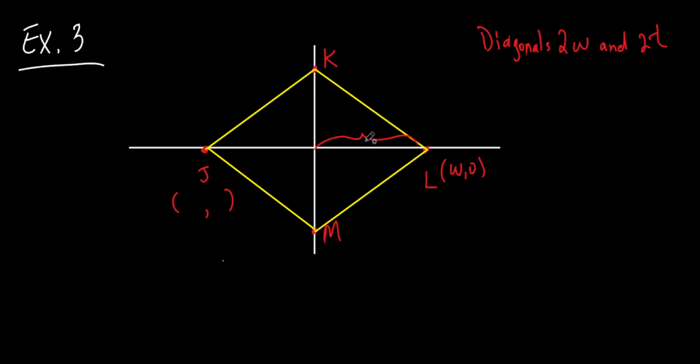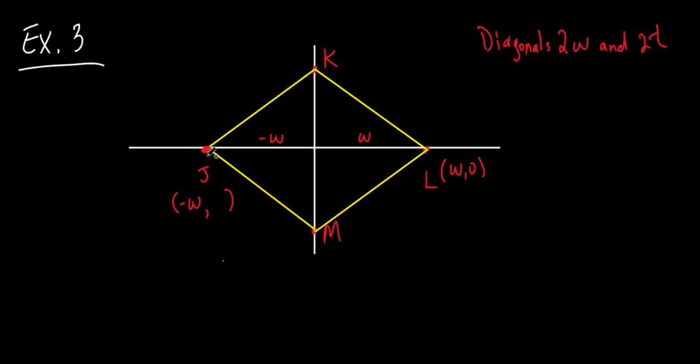Okay, so how far did I go over here? I went over W, didn't I? That's how far, whatever number that represents. How far would I have to go over to J? Right, I go negative W, good. You see that? It's the same distance. So what's my ordered pair going to be right here? Negative W what?